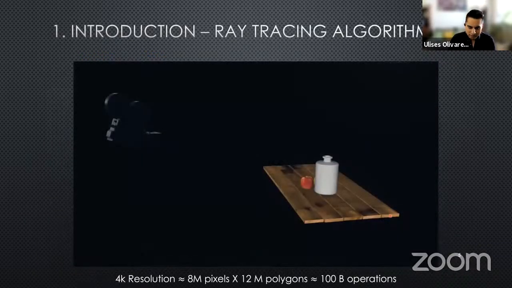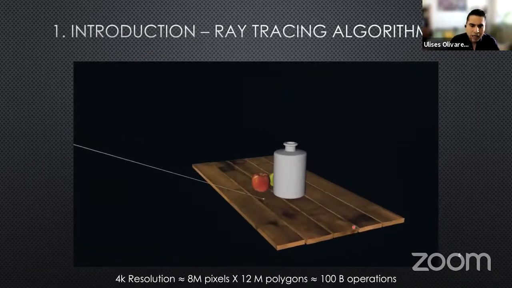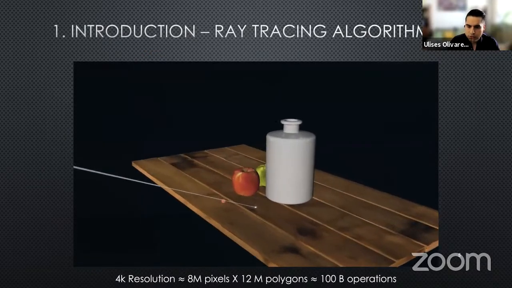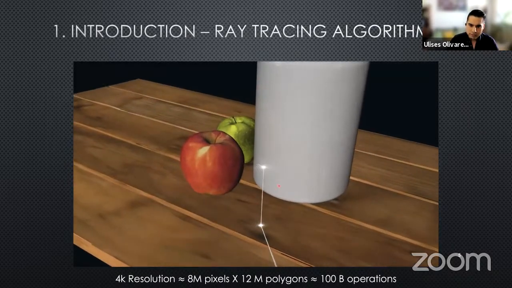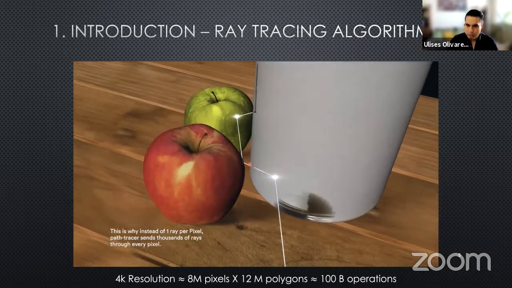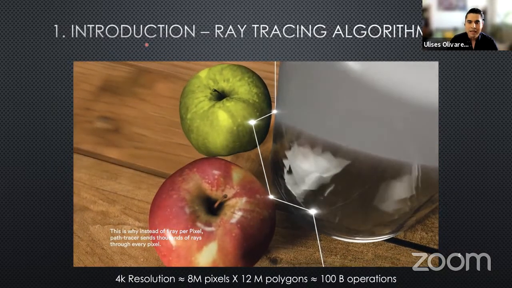And to better explain how this algorithm works, I'm going to use a simple video where we have this primary ray, and this ray is going to bounce in the scene. In each bounce, this ray will contain the information related with color in this image. So the final bounce is going to bounce to the light source.